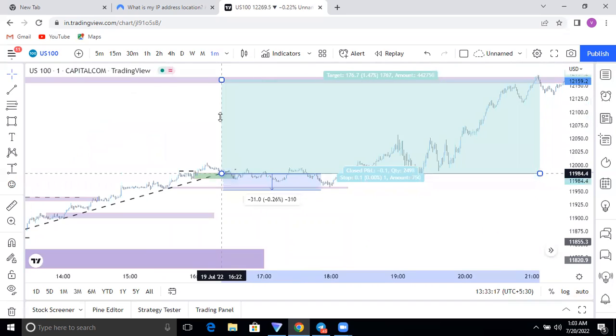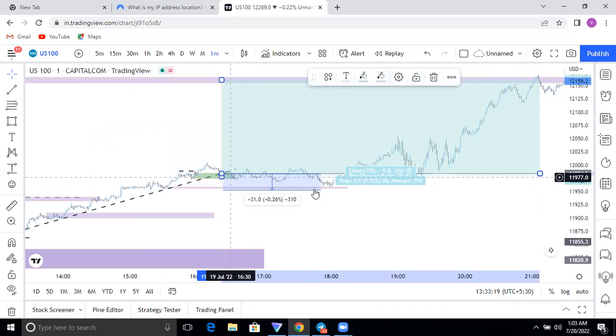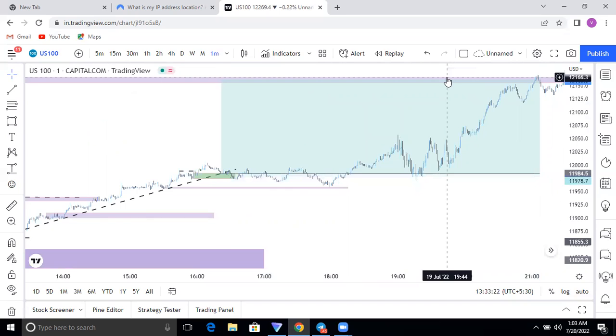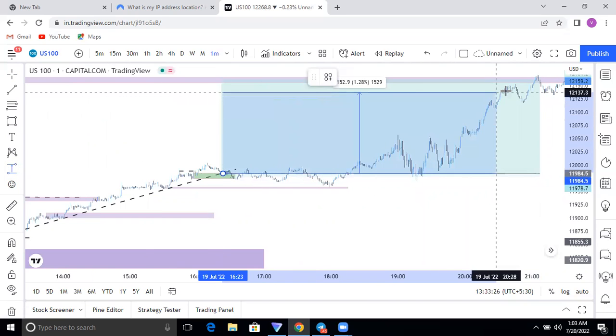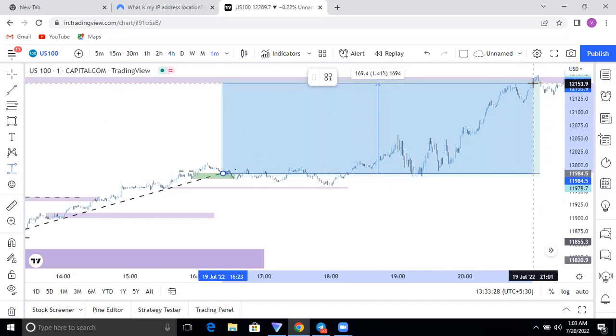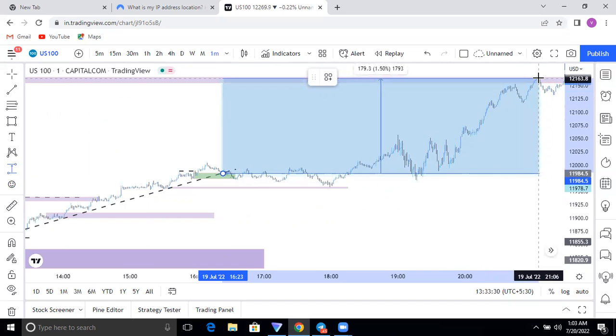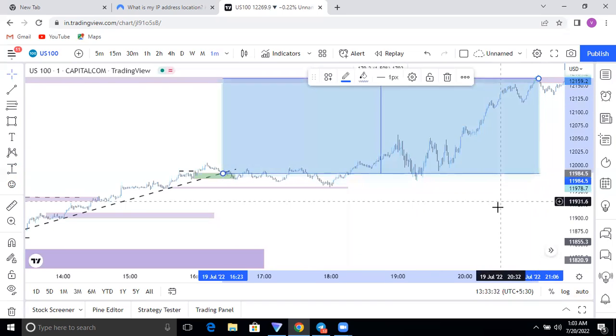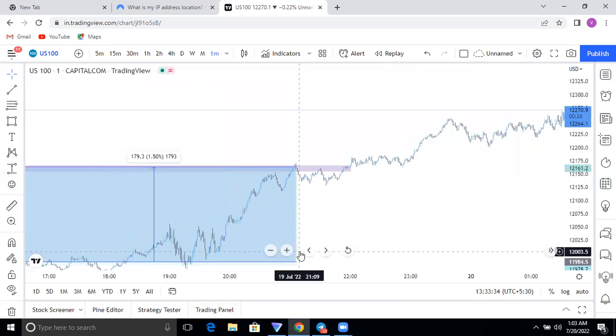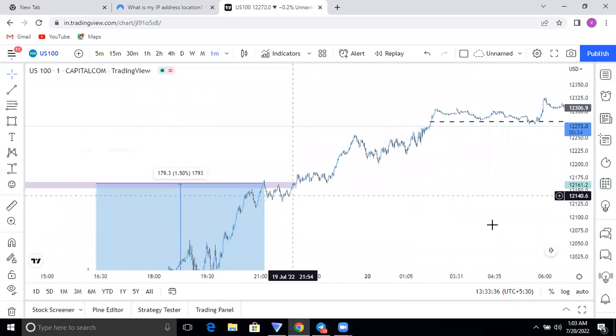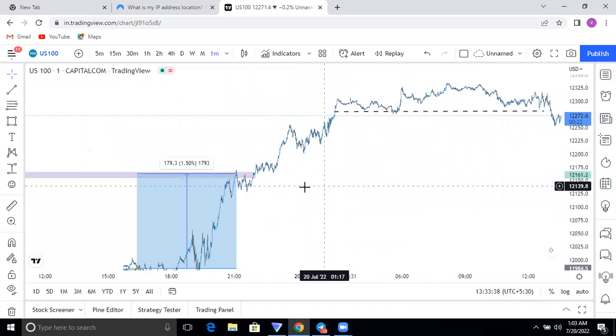The TP was huge. So let's calculate it. As you can see, it is over 170, and then I had a second TP which is still running.